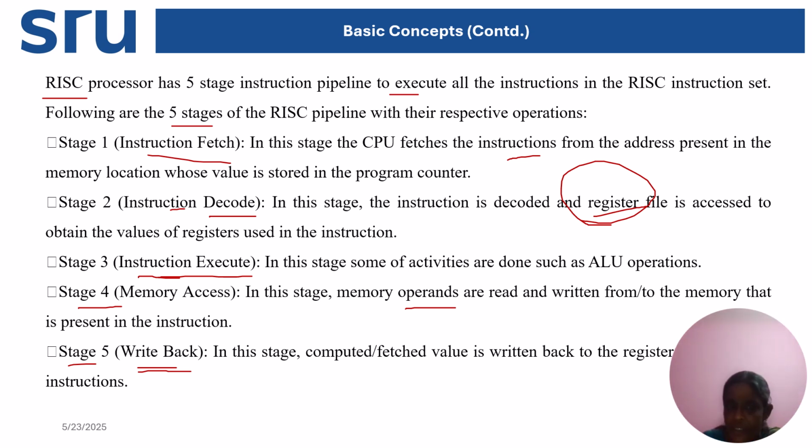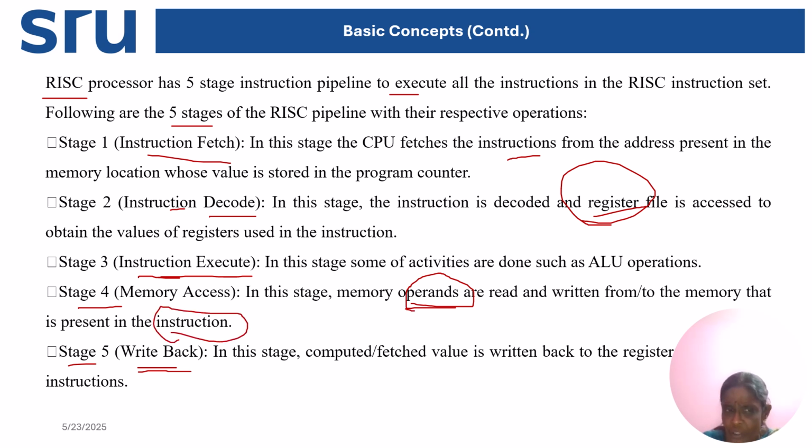Operand data are read and written from R2 to the memory that is present in the instruction. So the address of the operand will be present in the instruction itself.